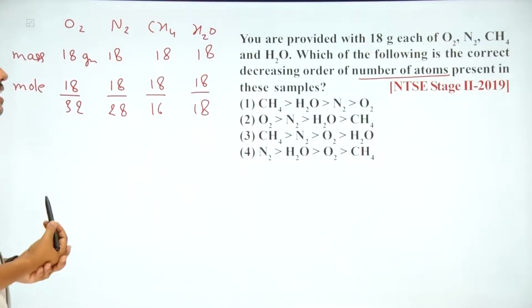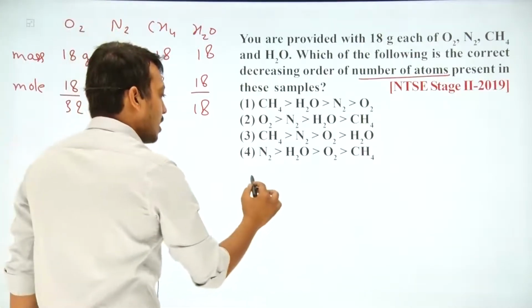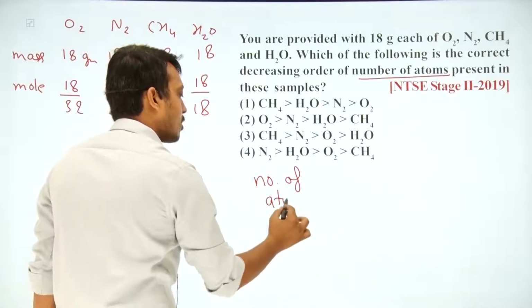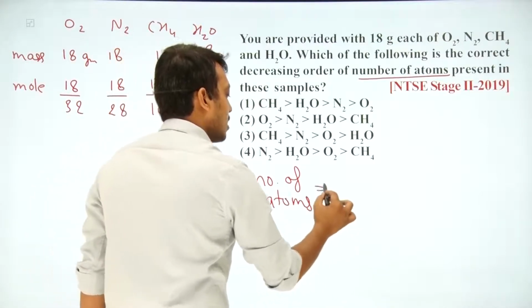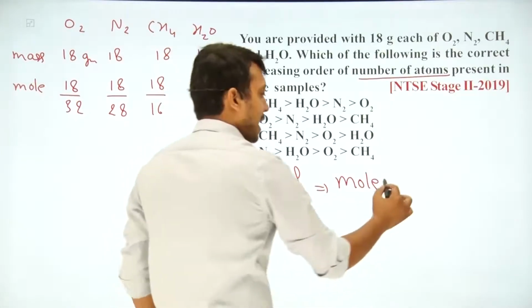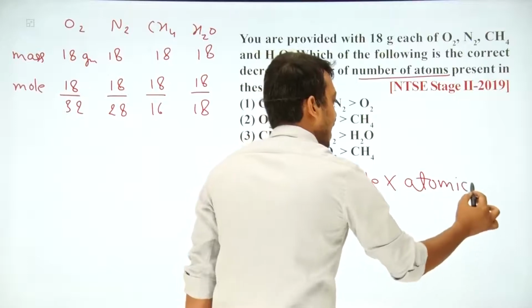These are the number of moles. If we want to find number of atoms, then just multiply the number of moles with atomicity.